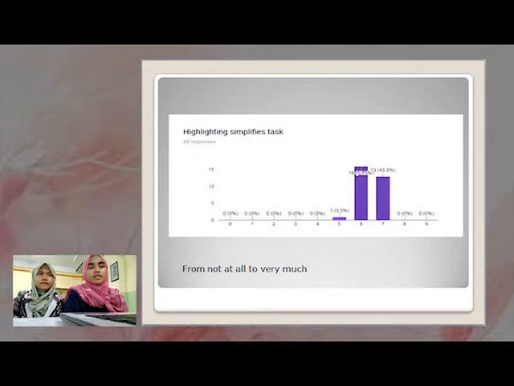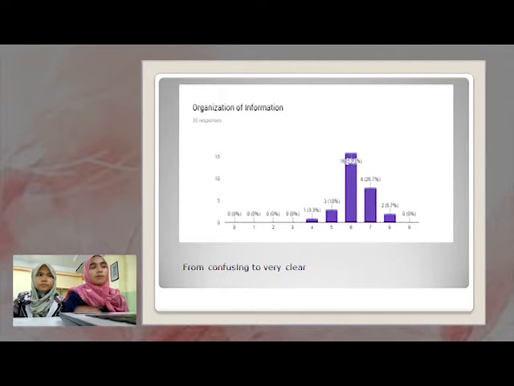Next is the highlighting that simplifies the task. The scale we put is from not at all to very much. Most respondents chose 6 and 7. The courseware is very much highlighting and simplifying the task.